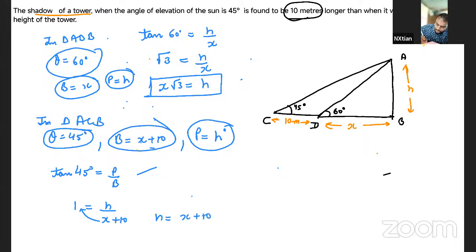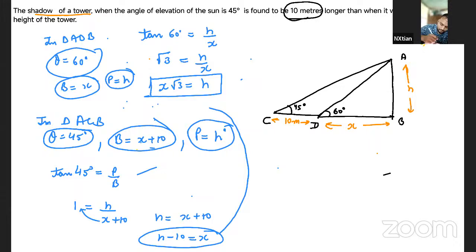Now h minus 10 is equal to x. Okay, I will put the value into this. So it will become (h minus 10) root 3 is equal to h. Now this will multiply with both the numbers. So root 3 h minus 10 root 3 is equal to h.